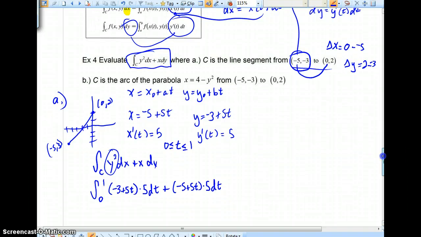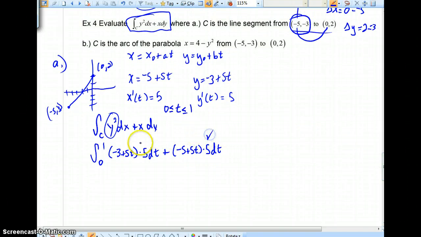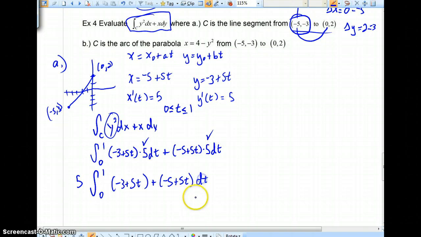So very nicely, what we can notice is that I could pull a 5 out, and I have a dt for both of these differentials. We're trying to work this out very quickly in regards to time. But once you factored out that 5, I hope you'd be able to finish this up incredibly fast. -3 plus -5 is -8. 5t plus 5t is going to be a 10t.